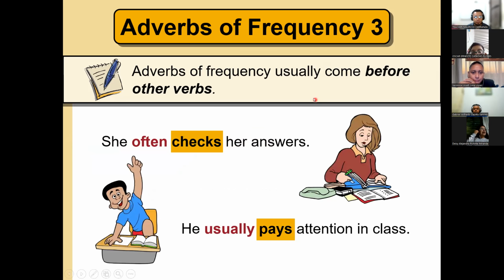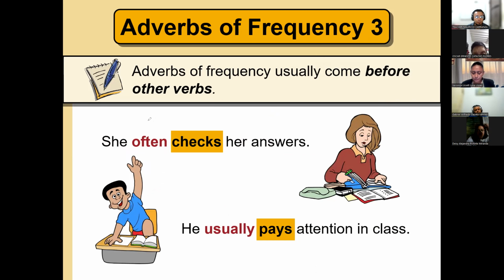When we use other verbs, let me ask for help. Oscar, can you read the first example, please? She often checks her answer. He usually pays attention in class. Okay, very good. Thank you, Oscar. So as you can see, this is with other verbs. You do the opposite, right?